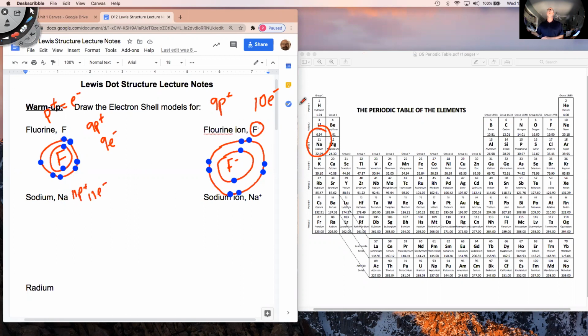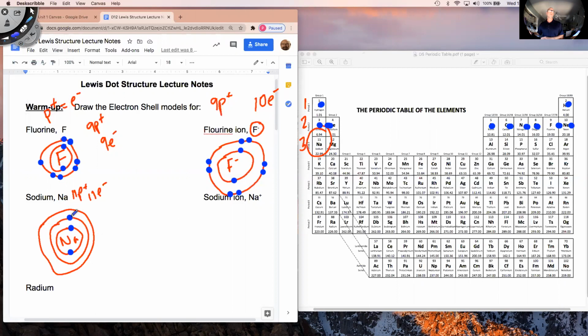So if we're going to draw it, we can see that sodium is going to be in the first box on the 3rd row. So we're going to have 3 shells. 1, 2, 3. And we have 11 electrons, and we know that the electrons come on in 2 on the first row, and then 8 on the second row.